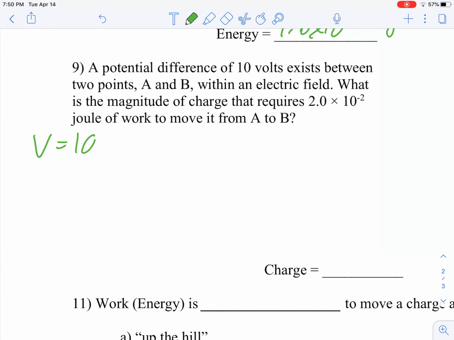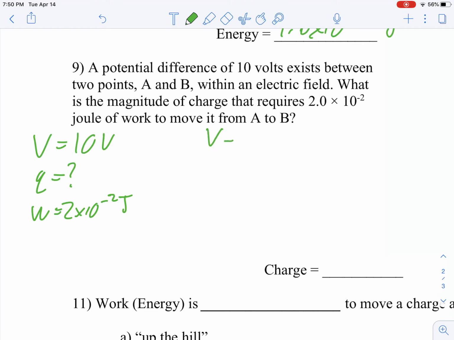All right, a potential difference of 10 volts, so that's our voltage, exists between 2 points A and B within an electric field. What is the magnitude of charge, so looking for Q, that requires 2 times 10 to the negative 2 joules of work to move from A to B. All right, so let's just solve for the unknown again.